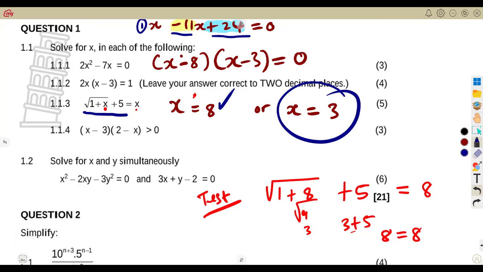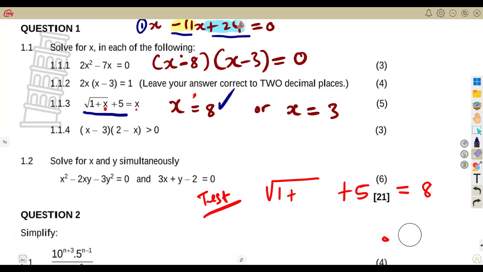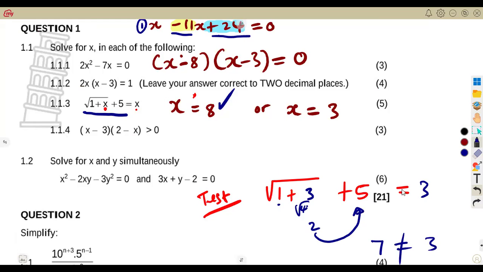What about when x is 3? Let's test. In place of x, we're going to put a 3. Where x was in our equation, we put a 3, and see. 1 plus 3, that is 4. And the square root of 4 is 2. 2 plus 5, that's 7. Is 7 equal to 3? No, this cannot be equal. 7 is not equal to 3.